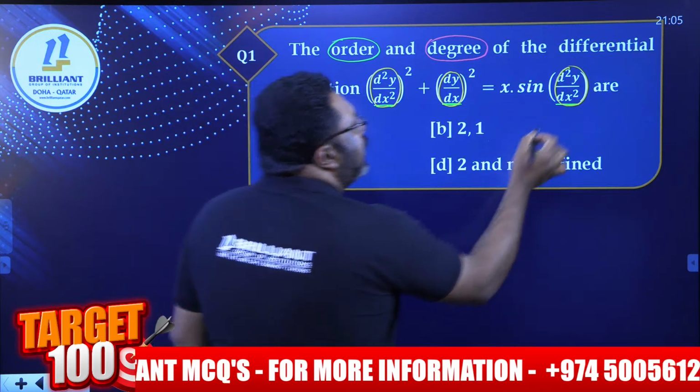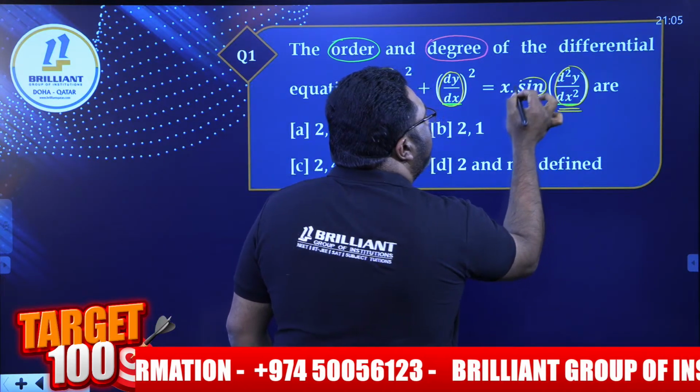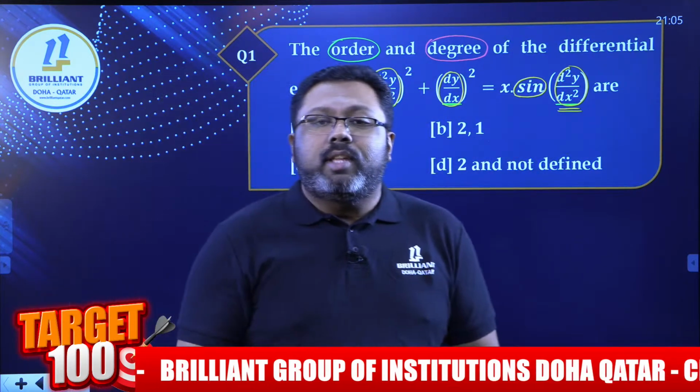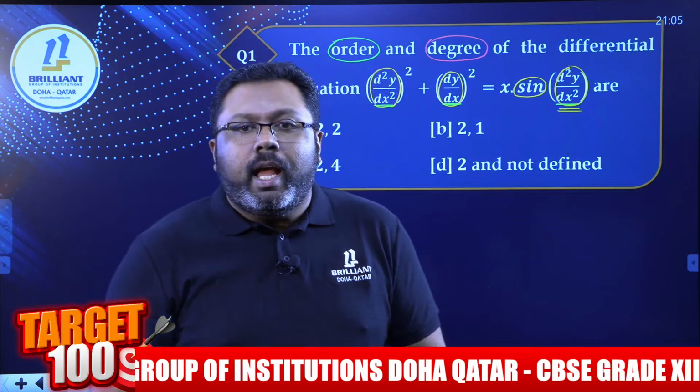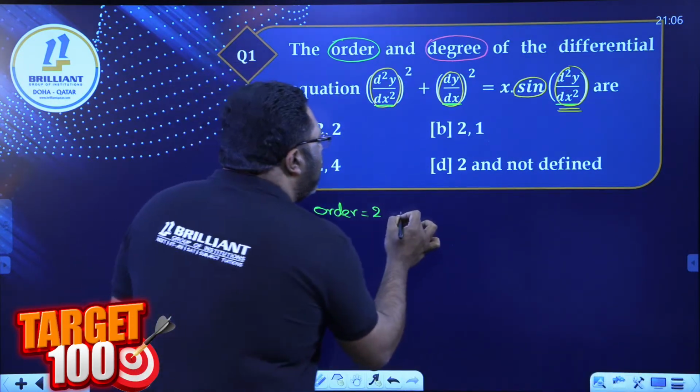Can you see that the second order derivative over here is inside the trigonometric function sine, which is non-polynomial? Sine is a non-polynomial function and it contains a differential coefficient. Then definitely degree is not defined.